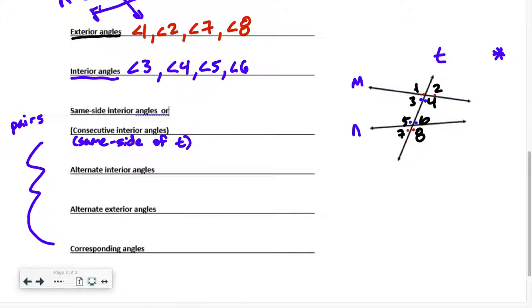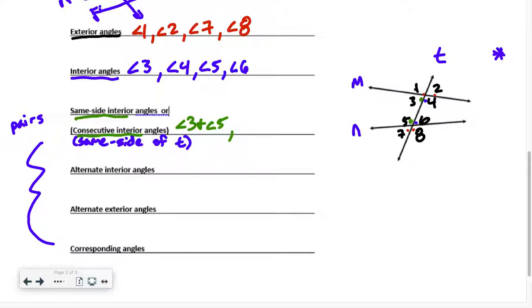So interior angles that are on the same side of the transversal, I'll use my green now. 3 and 5 are both on the left side of my transversal, and they're both interior angles. So those would be same side interior angles. Angle 3 and angle 5 are a pair of same side interior angles, or we sometimes call them consecutive interior angles, meaning the same thing.